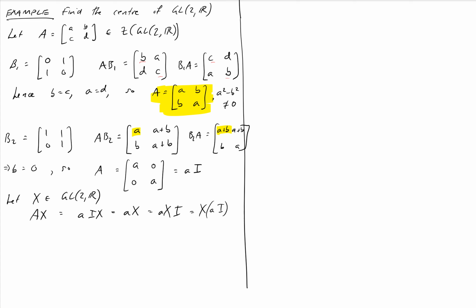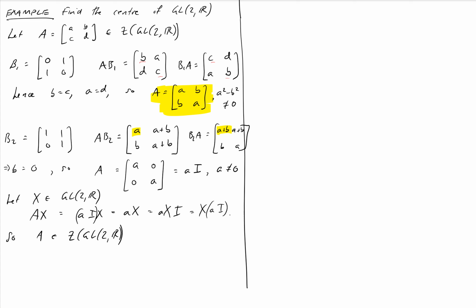So actually, AI commutes with X. So AI is an element of the center. And if we put the invertible requirement on it, that just means that A is not equal to 0.